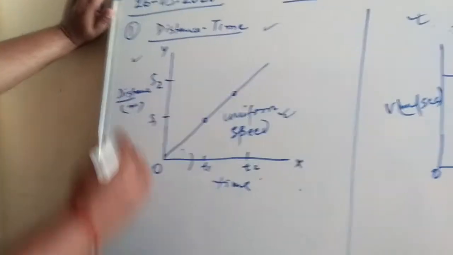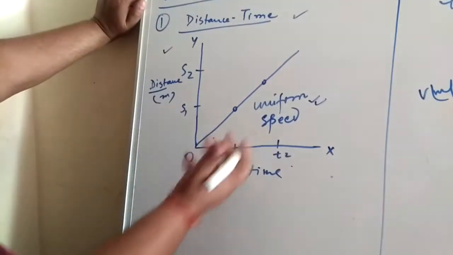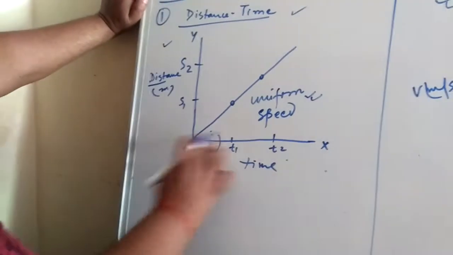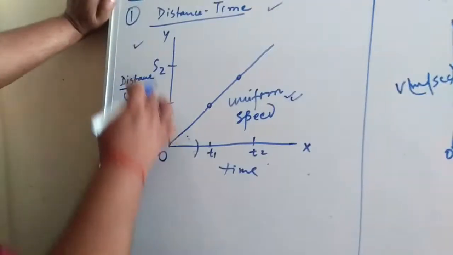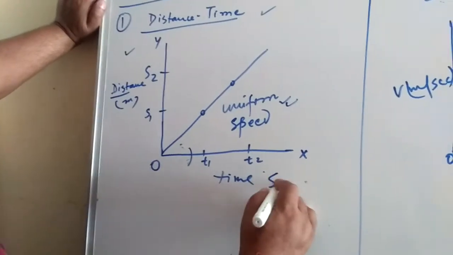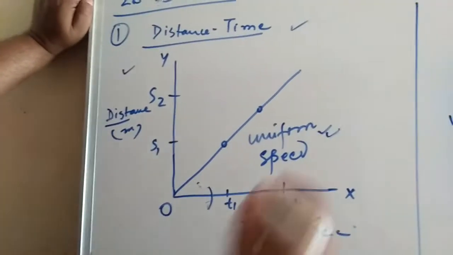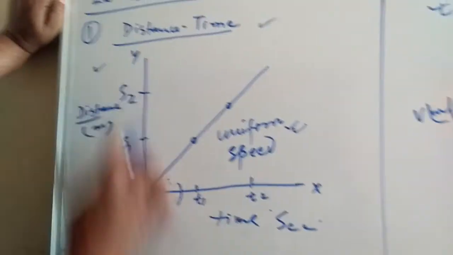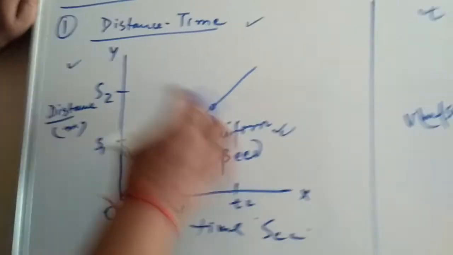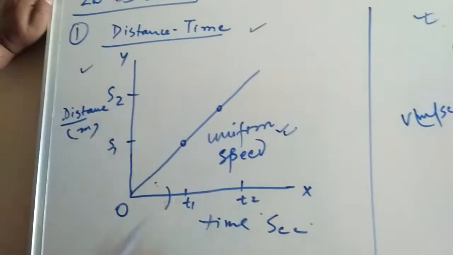So here you see how we can read and use the graph. There is an x-axis and a y-axis. Here is distance in meters, here is time in seconds. When we get the straight line, that represents the body has uniform speed.